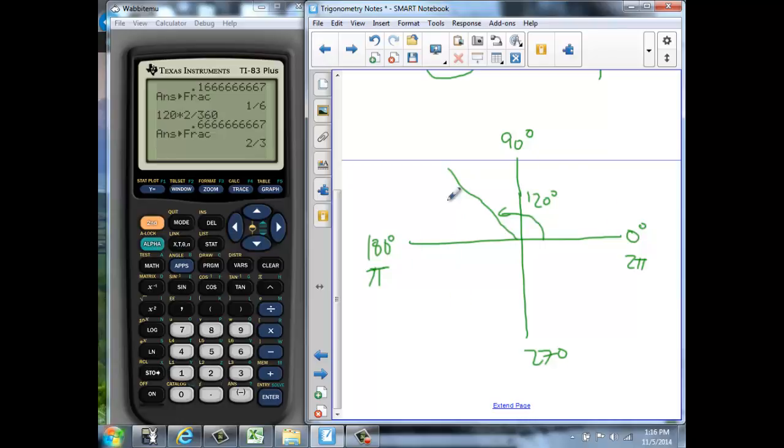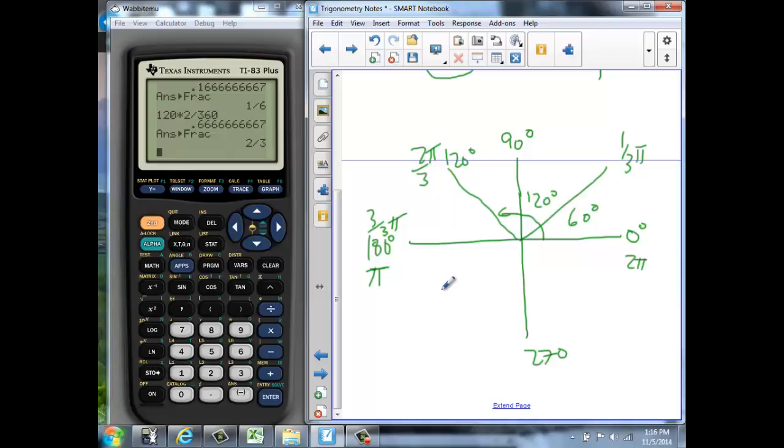Well, if pi is all the way from here to here, then this is 2/3 of pi. 60 would be 1/3 of pi. 120 would be 2/3 of pi. And then 180 would be 3/3 of pi. And all the way around the circle would actually be 2 of whatever pi is.